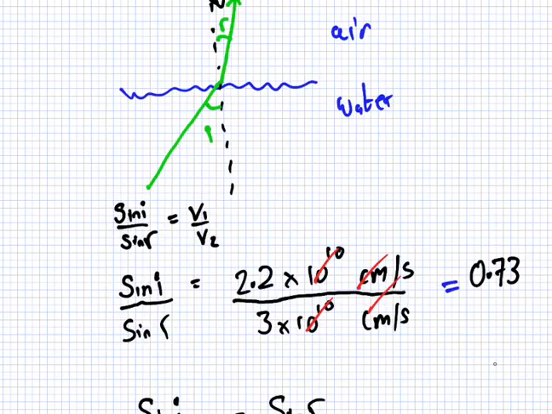Let me just read this first. Its speed in the water is 2.2. No, that's right. Calculate the maximum angle which the beam can make with the vertical if light is to escape into the air where its speed is 3 times 10 to the 10.